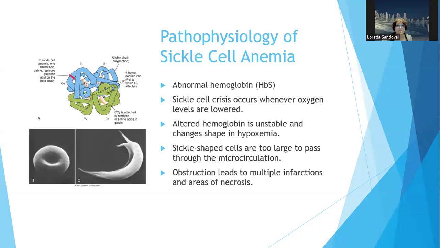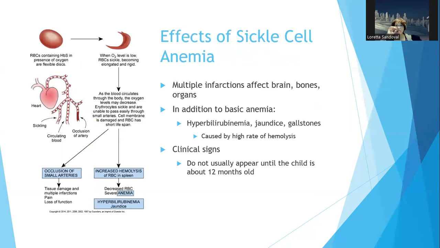That's a problem, right? Especially depending on where it is. So multiple infarctions can affect brain, bones, and organs. Serious stuff here. In addition to basic symptoms of anemia, you also get hyperbilirubinemia, which is the bilirubin, the product of the liver, and you get a lot of it in your blood.